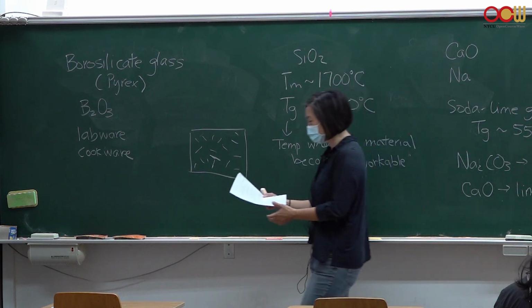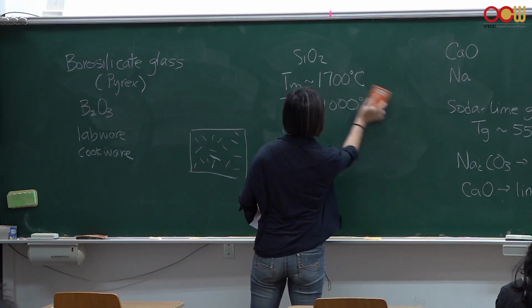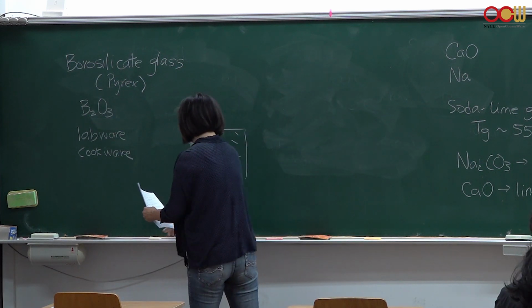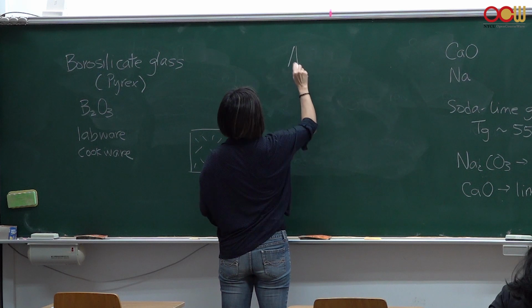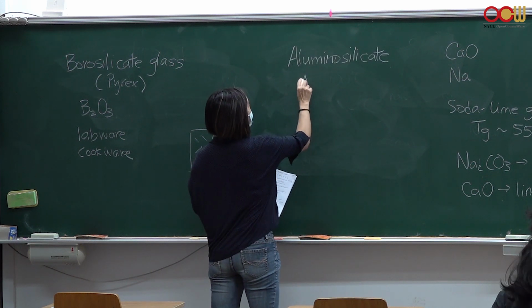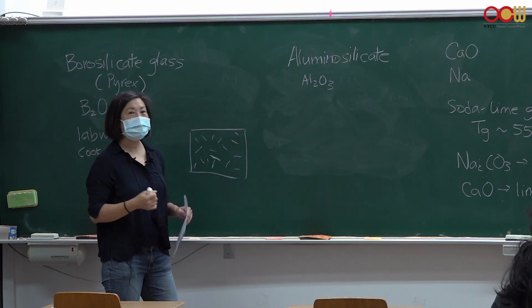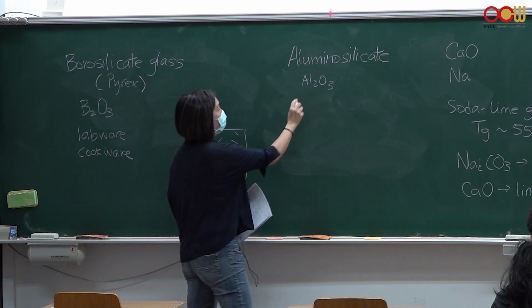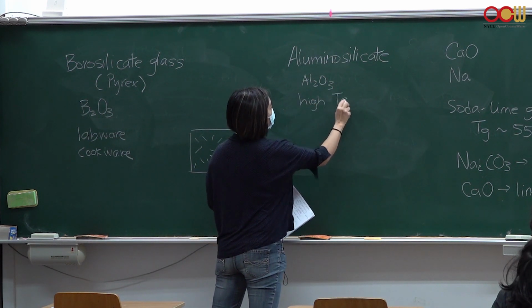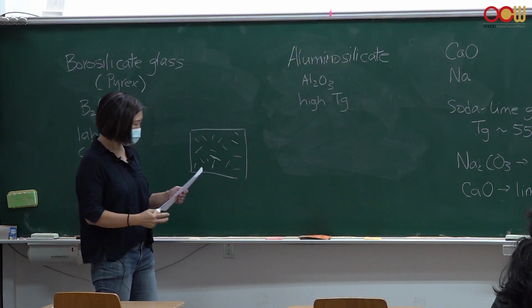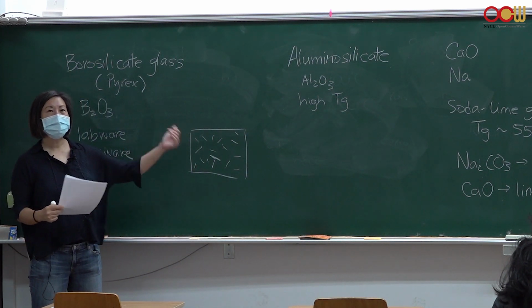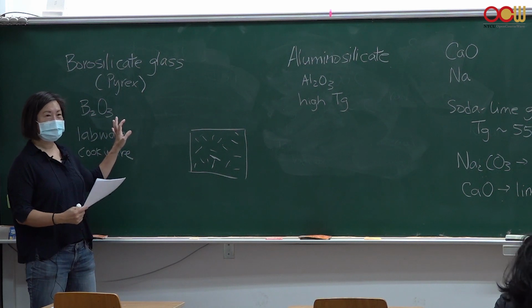And then another common glass is called aluminosilicate. It has the addition of alumina, Al2O3. It's very difficult to work with. It has a very high glass transition temperature, but it has even lower thermal expansion than borosilicates.